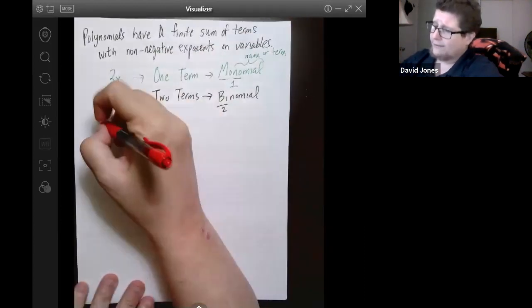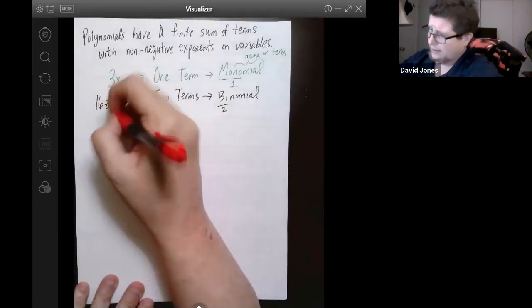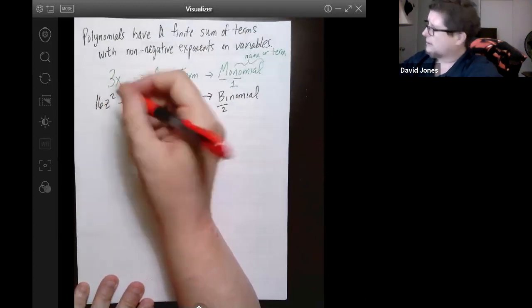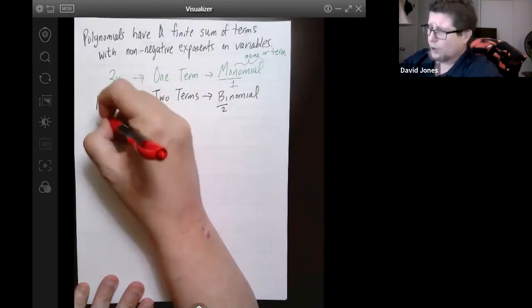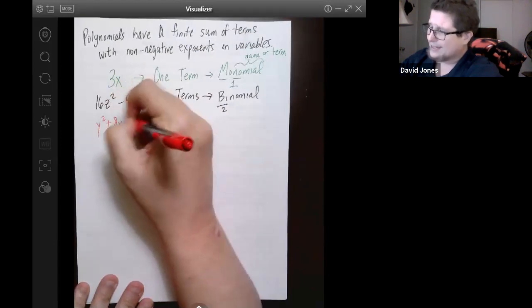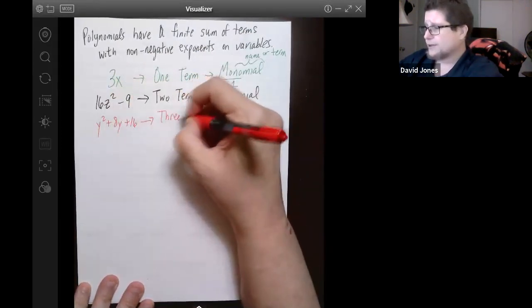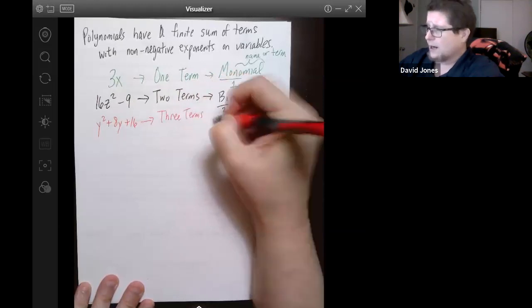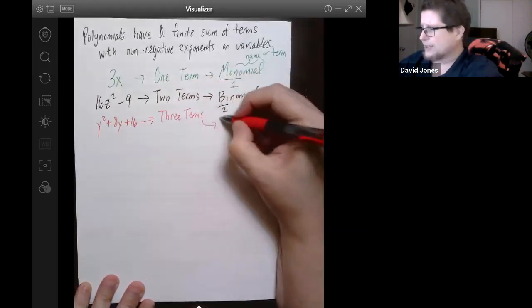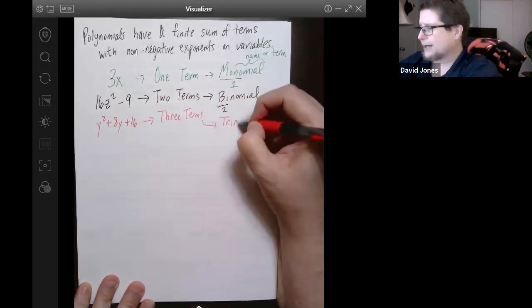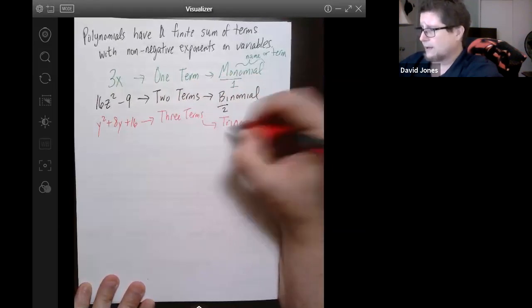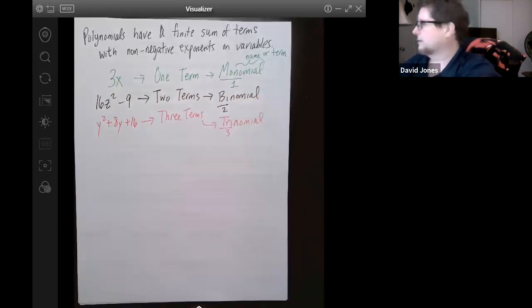I could have something like y squared plus 8y plus 16. Here there's 3 terms. And we call this, like a tricycle, a trinomial. Tri means 3.